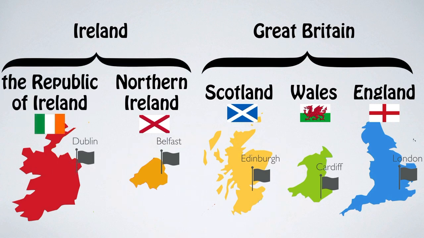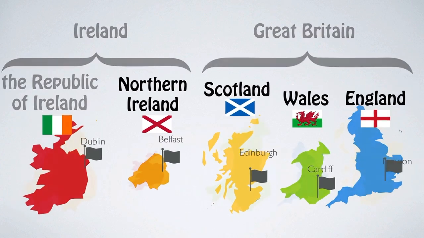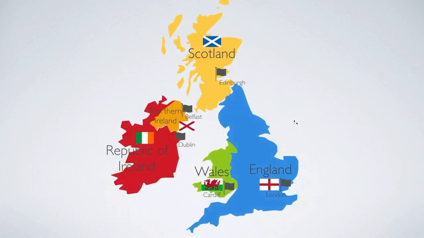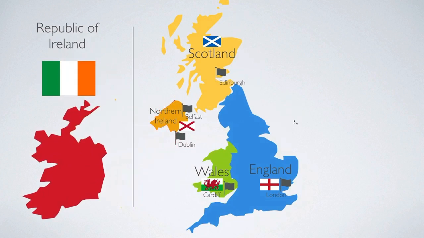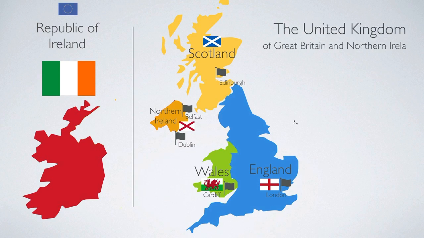This is where it gets complicated. These 5 parts form 2 different countries. The easiest one is the Republic of Ireland. It is part of the European Union, so they pay in euros. The other one is called the United Kingdom, or, in full, the United Kingdom of Great Britain and Northern Ireland.